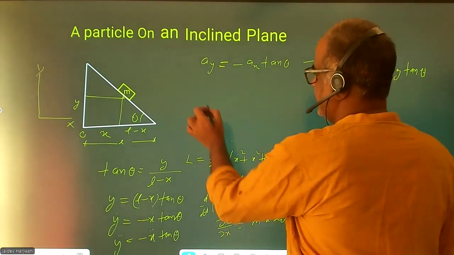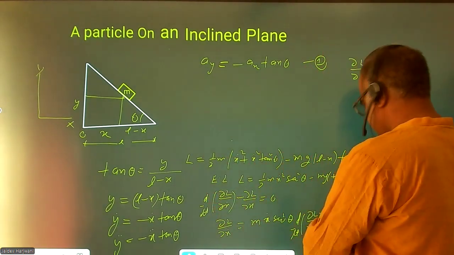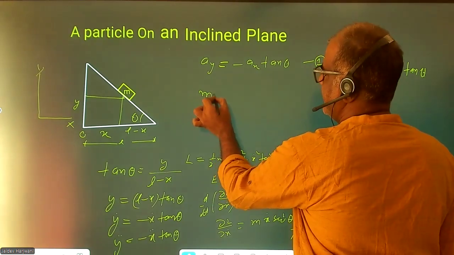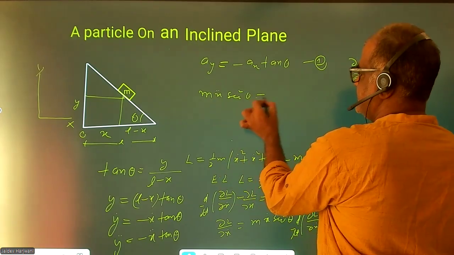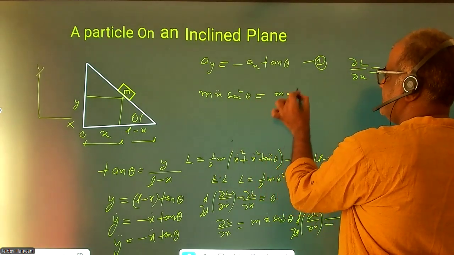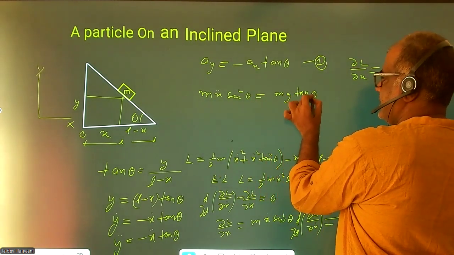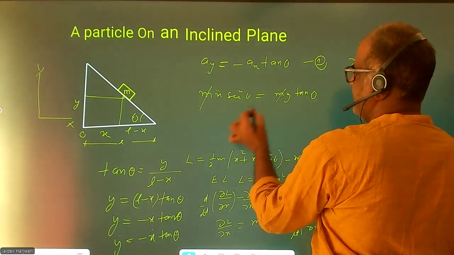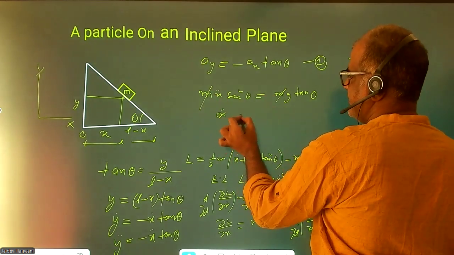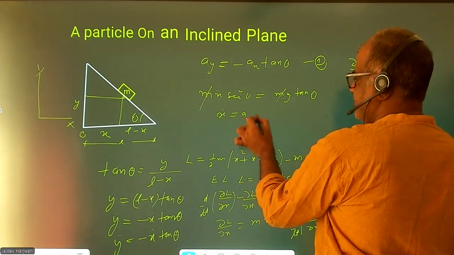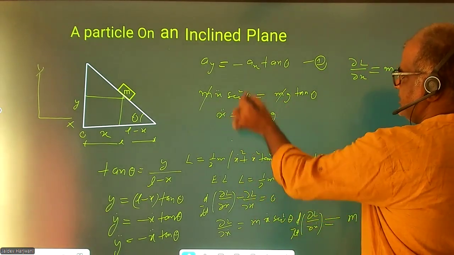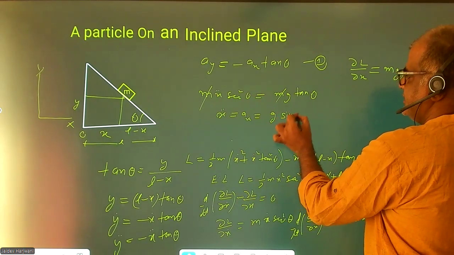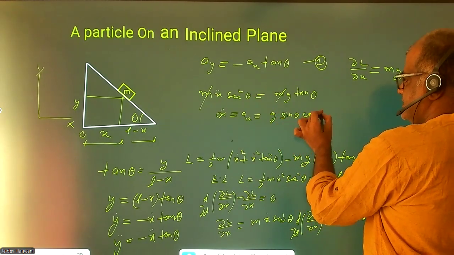The d by dt term is m x double dot sec squared theta, which is equal to mg tan theta. If this cancels and I solve, this gives me x double dot, the x component of acceleration, which comes out as g sine theta cos theta.